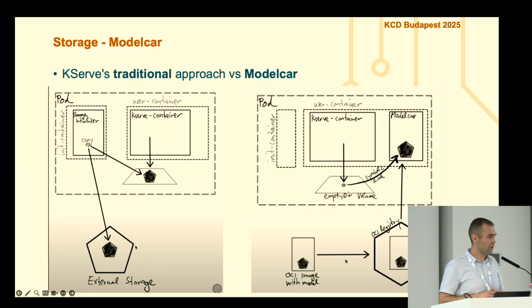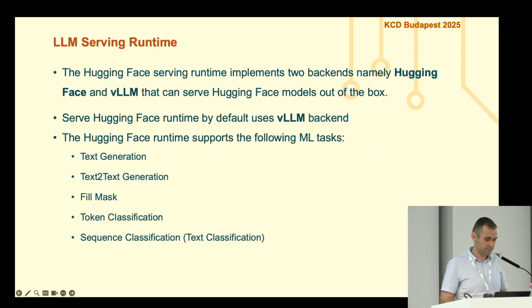Through the Kubernetes feature of sharing process namespace, all containers within the same pod can read each other's file system. This ensures that the primary KServe container can access the model data directly from the sidecar without making redundant copies. At our company, we are using this model car approach for serving LLMs.